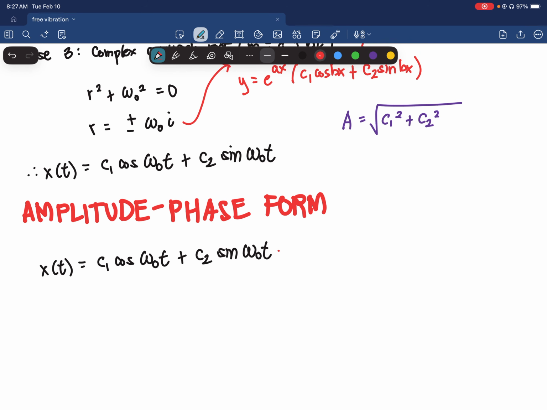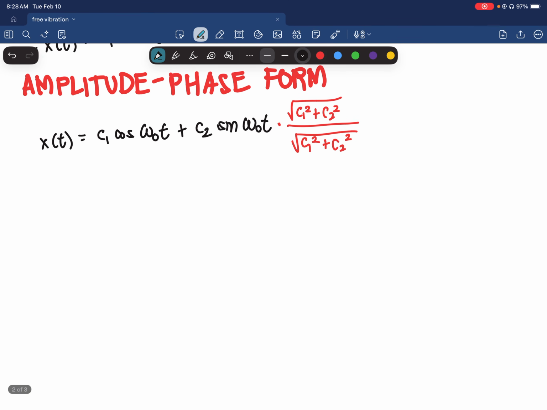And we will multiply this by the conjugate. Meaning, multiply both sides by 1. But yung ating 1 is the square root of c1 squared plus c2 squared over A, basically. And we can do that because we're not really violating any laws of mathematics. Ayun. So, factor out natin siya.